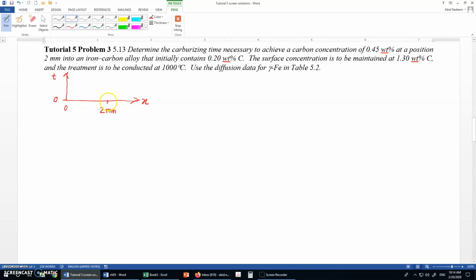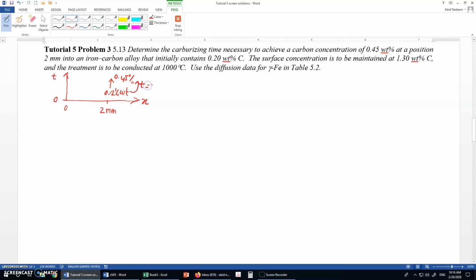the concentration at 2 millimeter into this carbon alloy is 0.2% by weight, and at some time t, this concentration will be 0.45% after some time t.